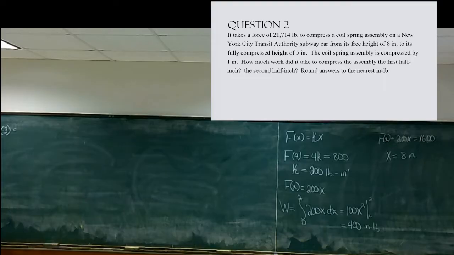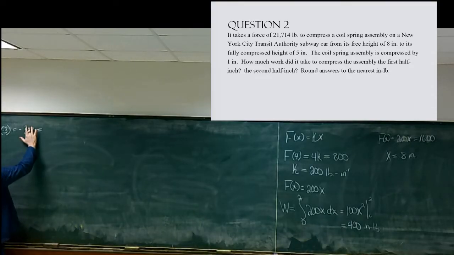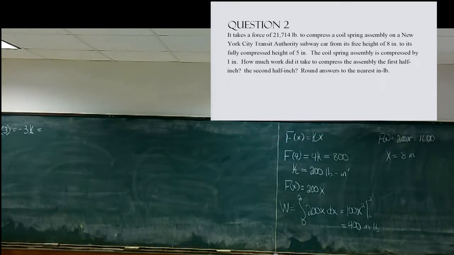So that'd be -3x, not 3x. 3k. And what should that equal? It's 21,714.